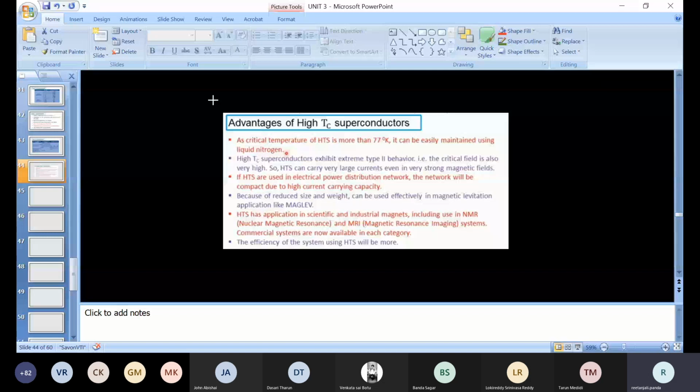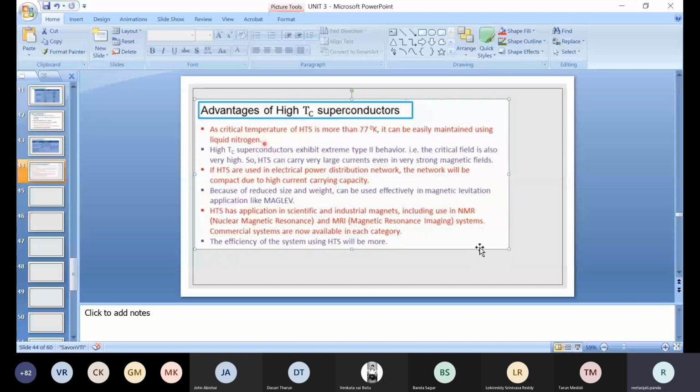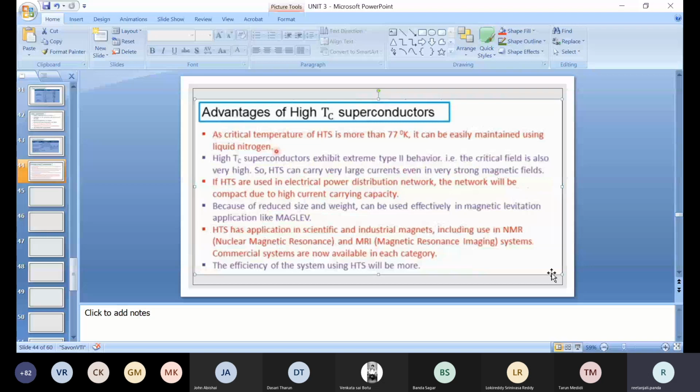If we can achieve the critical temperature for a superconductor at room temperature, that is also very useful for us. If the critical temperature is more than 77 Kelvin, it can be easily maintained using liquid nitrogen. Still, use of liquid nitrogen is not that safe. We need to follow much more safety and precaution here.